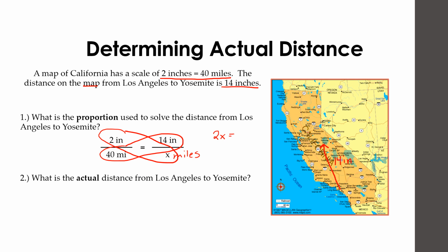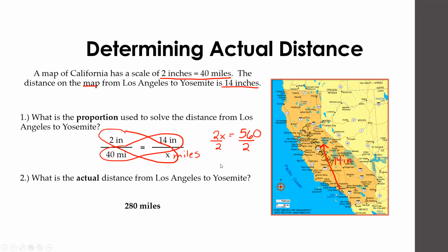Okay, so you end up getting 2X equals, and I don't know what that actually is, so give me 1 second. Equals 560. And then you divide both sides by 2, and that will give me 280.